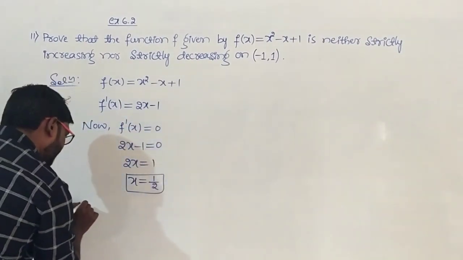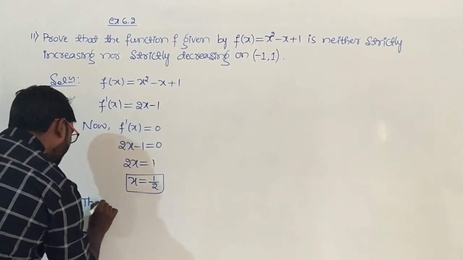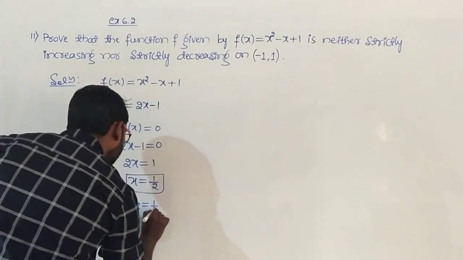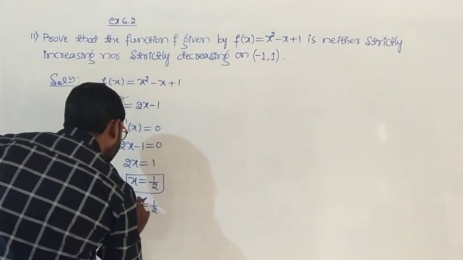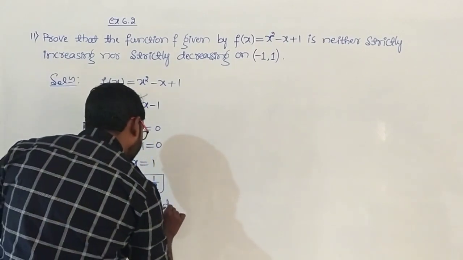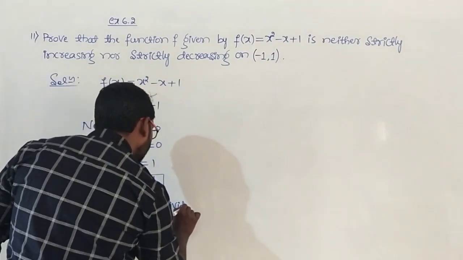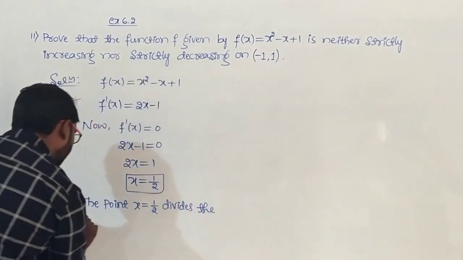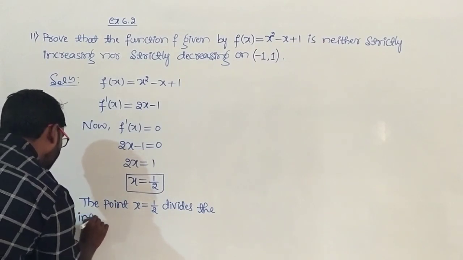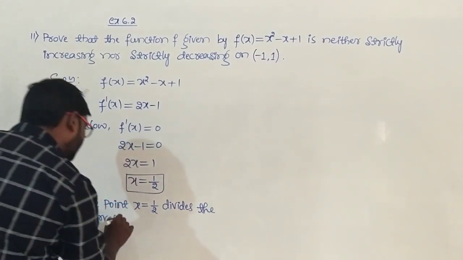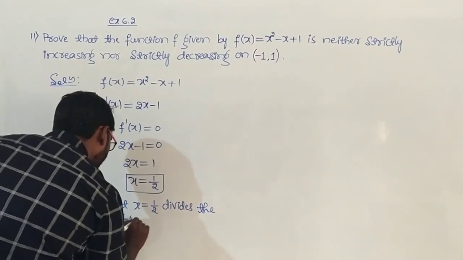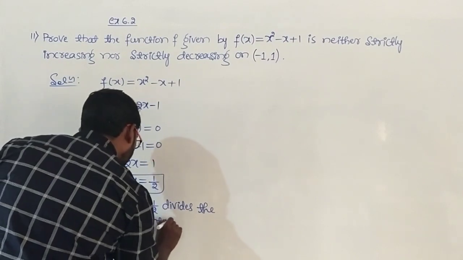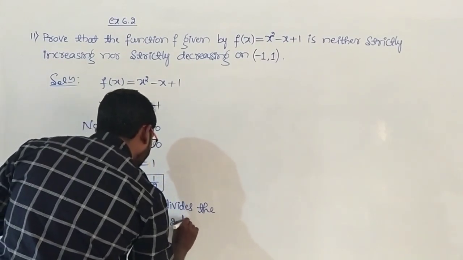See here, the point x equal to 1 by 2 divides the interval minus 1 comma 1 into two disjoint intervals.